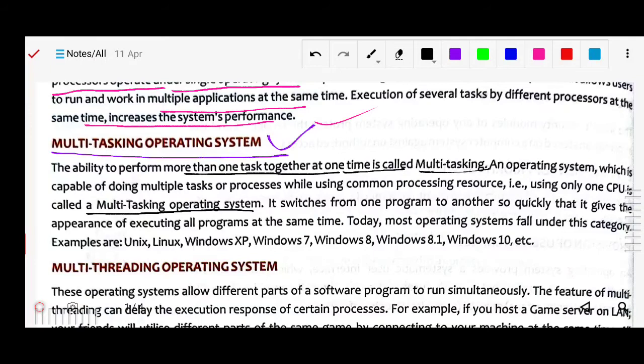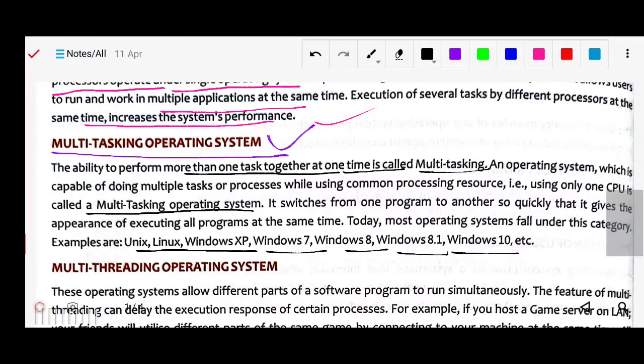It switches from one program to another so quickly that it gives the appearance of executing all programs at the same time. Today most operating systems fall under this category, like Unix, Linux, Windows XP, Windows 7, Windows 8, Windows 8.1. These all support multitasking.